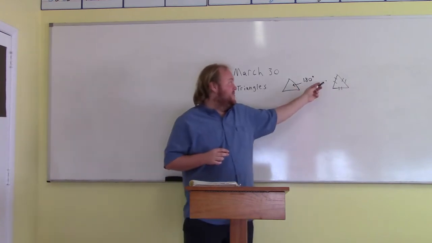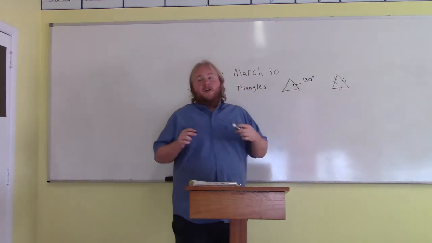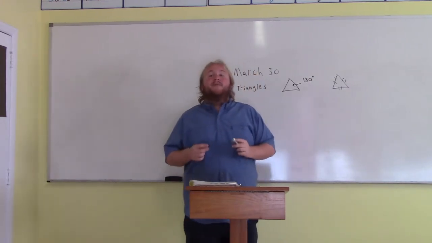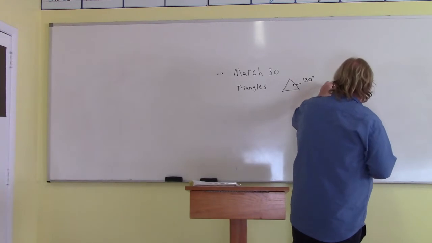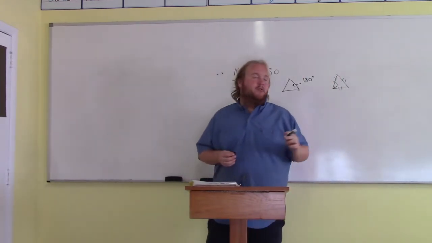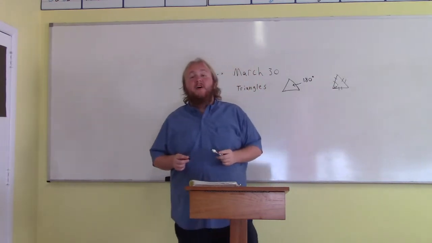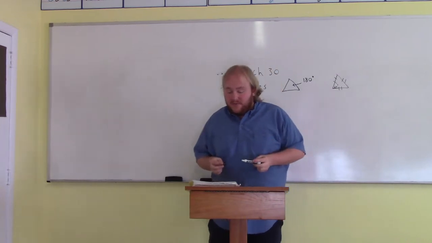So if this side was 5 inches, this side would be 5 inches, and so would this one. Your equilateral triangles are always going to have 60 degrees because what's 60 times 3? 180. And since it's congruent, all three have to be the same. So an equilateral triangle always has 60-degree angles.